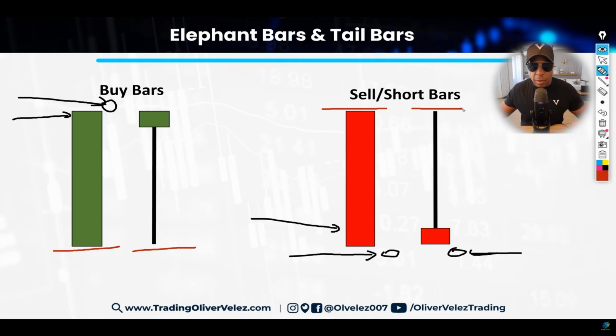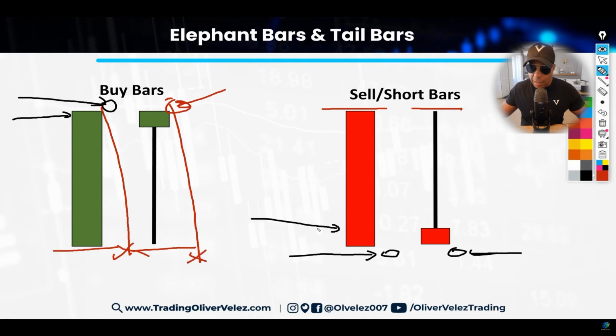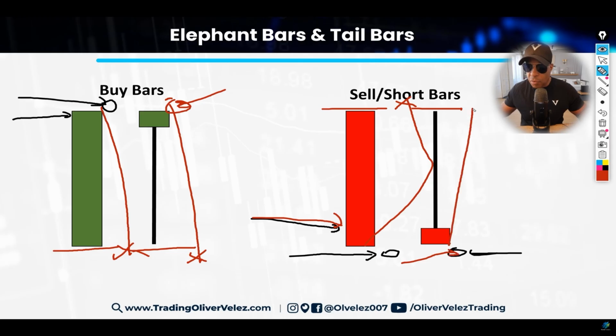There's only 2 power bars. You don't want the market to remove your power bar. So if this were to drop, boom, you're out. If you were to enter here and move up, boom, you're out.